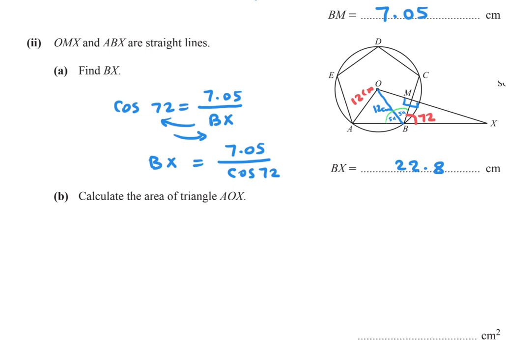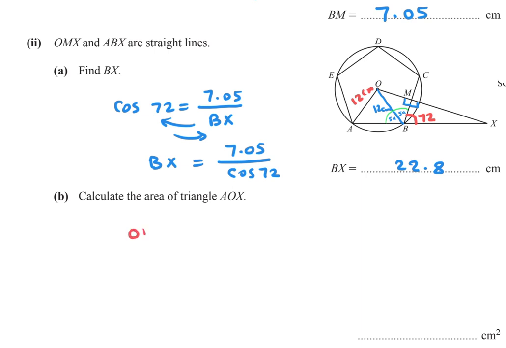Now for this angle, angle A, because this is an isosceles triangle, because radius equals radius, this angle equals that one. So this angle is 54. So angle A equals 54.